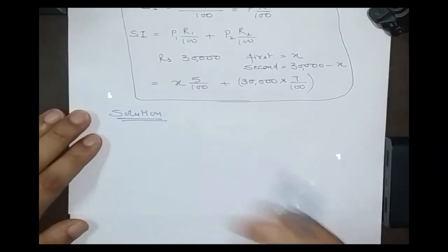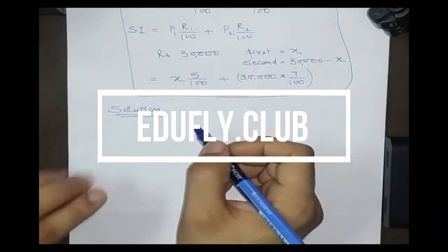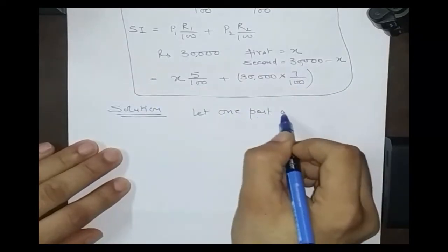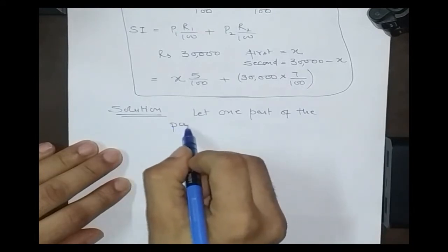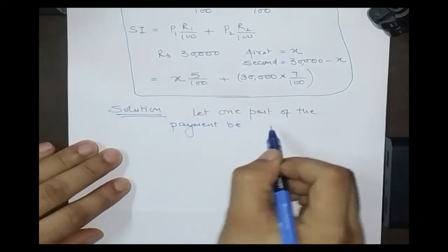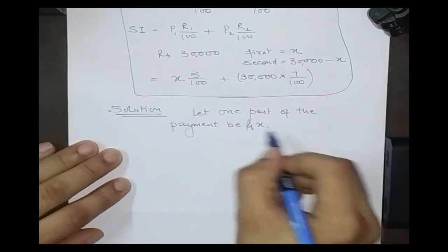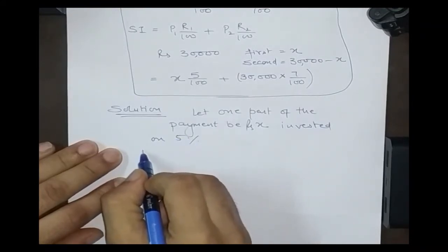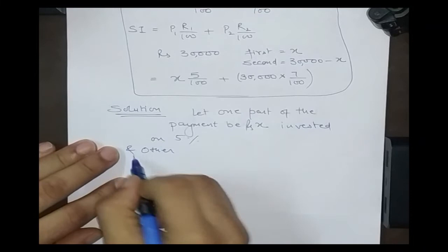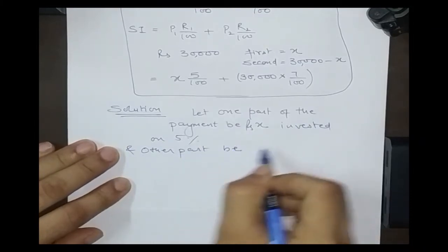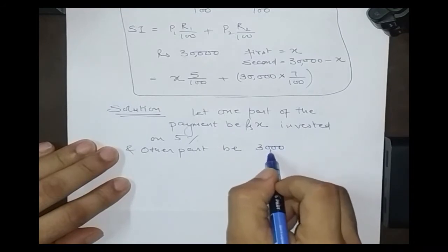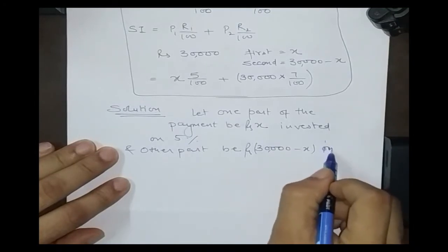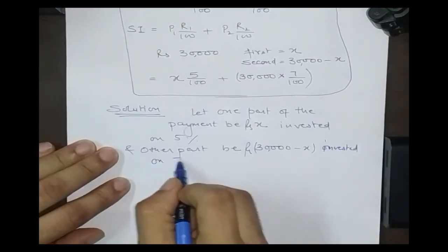Solution. The solution says let one part of the payment be X rupees invested at 5%, the other part be 30,000 minus X rupees invested at 7%.